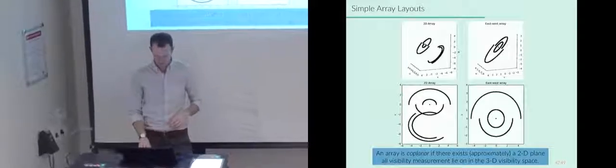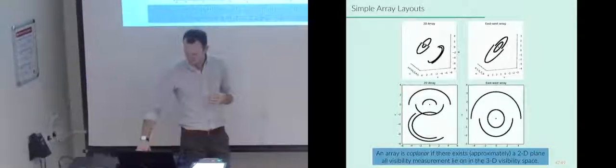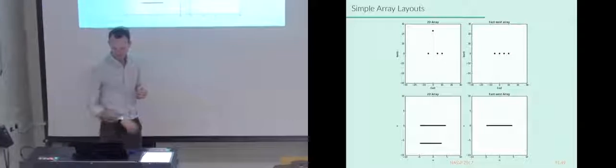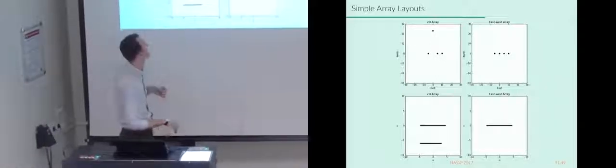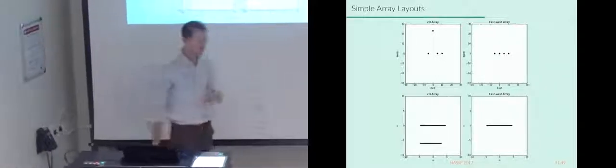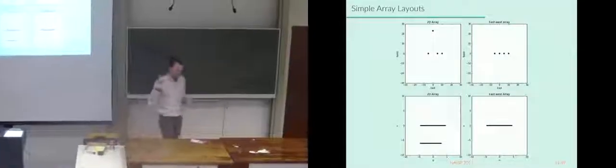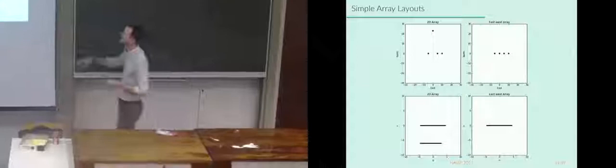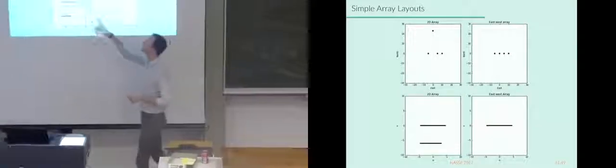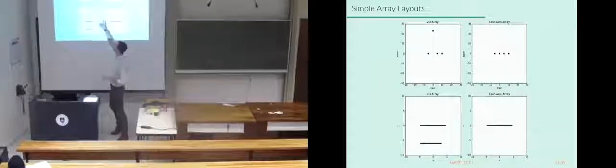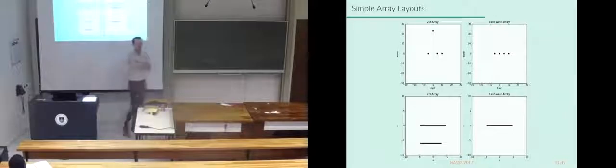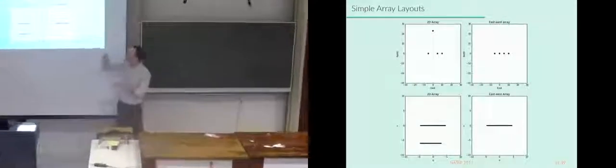You see the fuzzies. Yeah, so given two layouts, this is a very simple case of two arrays. First, you have some 2D array, with 3 points all aligned in one line, and then one of the antennas, or one of the dishes, offset.